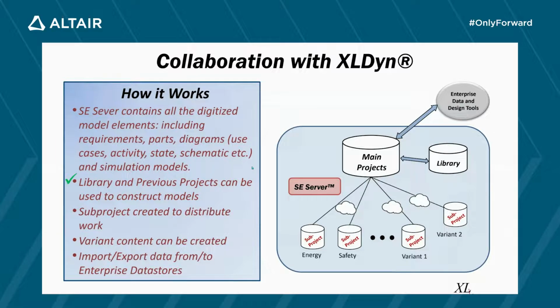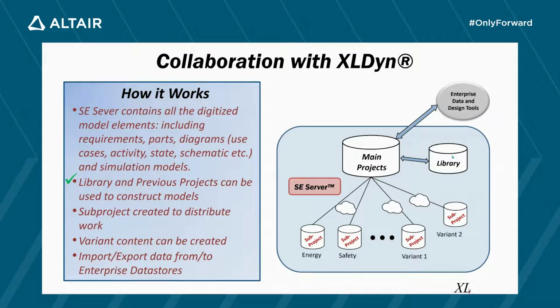If you take a look on the right, this diagram kind of represents what we call the SE server. It's composed of a few different things. You have your main projects that you can create, and these projects contain all the digitized artifacts, requirements, parts, diagrams, use cases, state machines, schematics, simulation models.